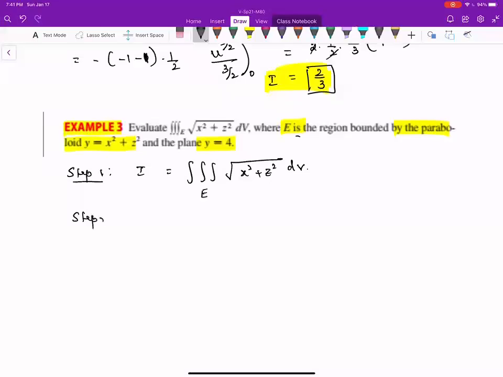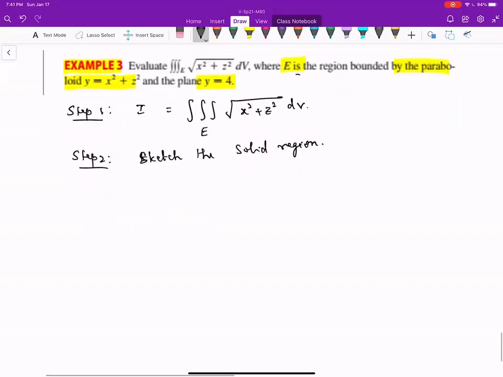It's a good idea to sketch roughly the solid region E. It need not be pretty, but just to give an idea so we can find the limits in the exact way.